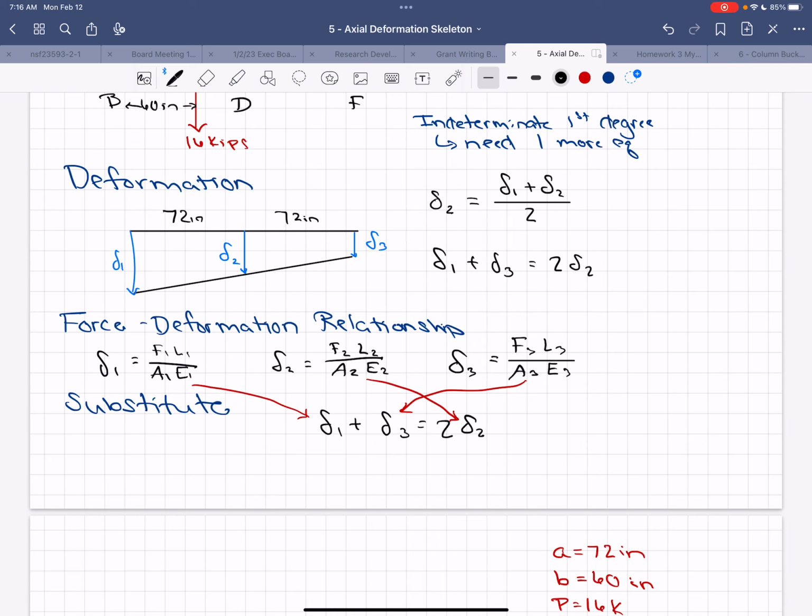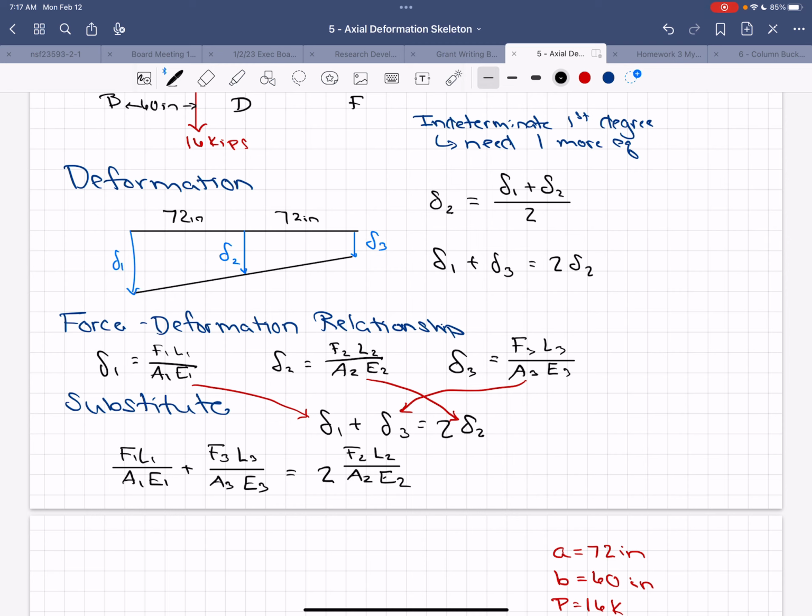So it'll be that F1 times L1 divided by A1 times E1 plus F3 times L3 divided by A3 times E3 equals 2 times F2 times L2 divided by A2 times E2.